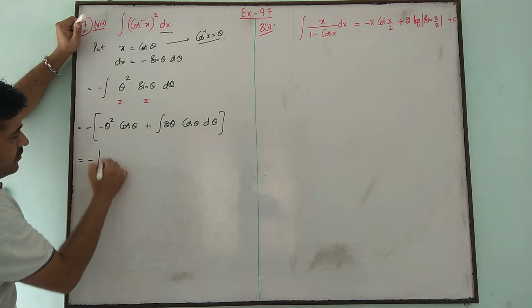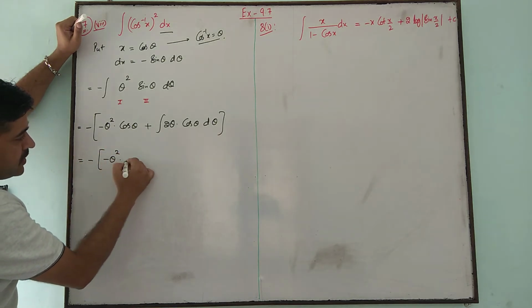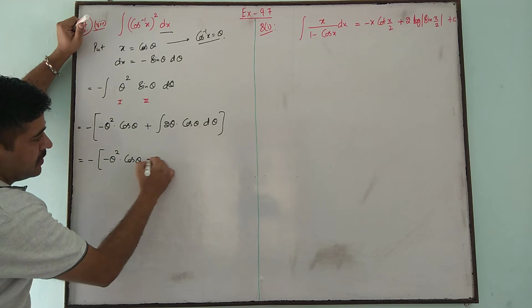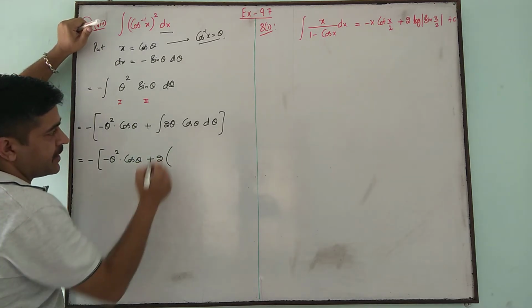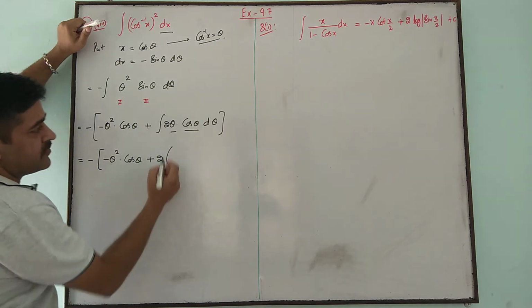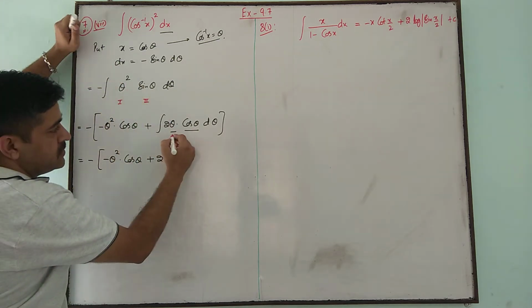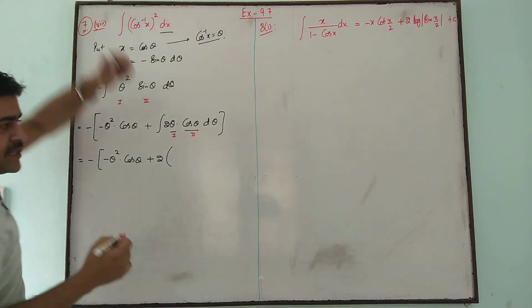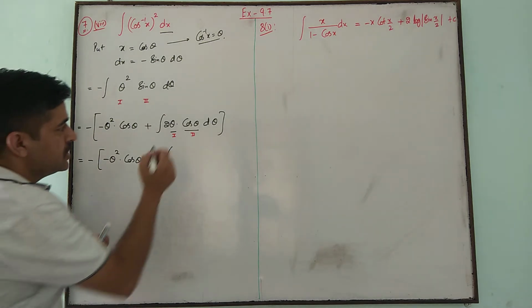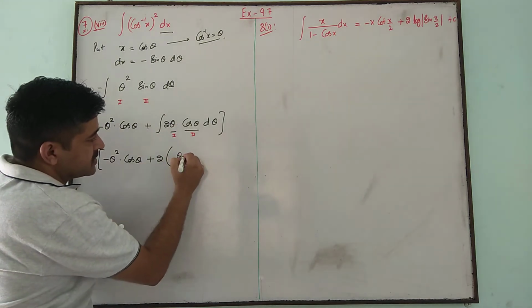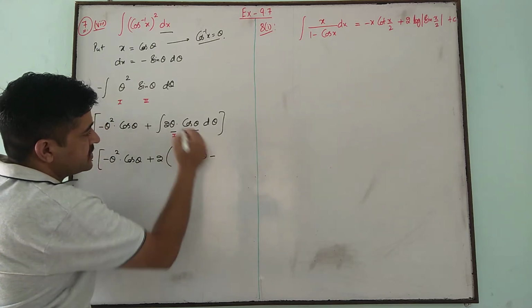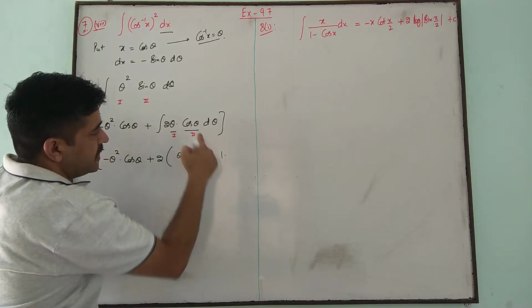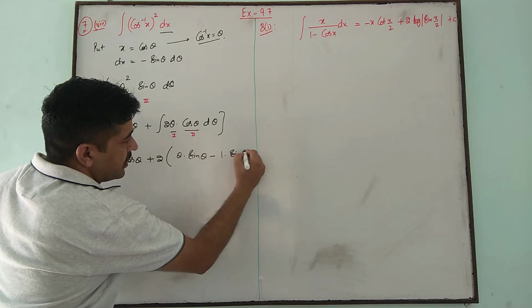Then we have minus theta square into cos theta plus twice of, then again U into V, use the bracket, U into V, first function, second function. Integration procedure we cannot change. So first function as it is, for cos theta integral is sin theta, minus derivative of first, then integral of second, and then again its integration.